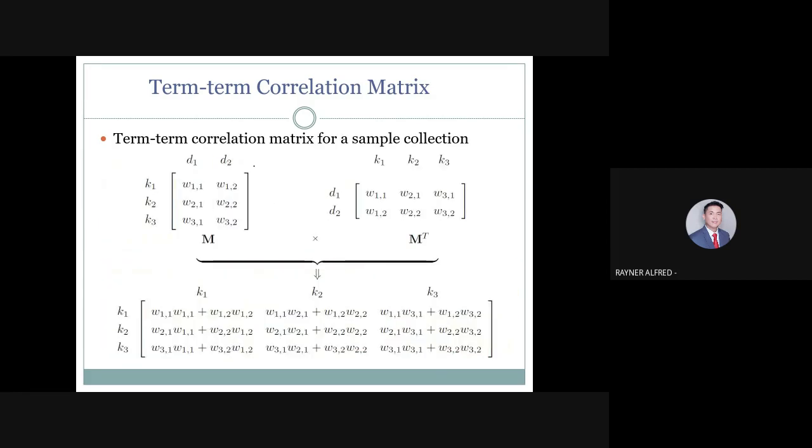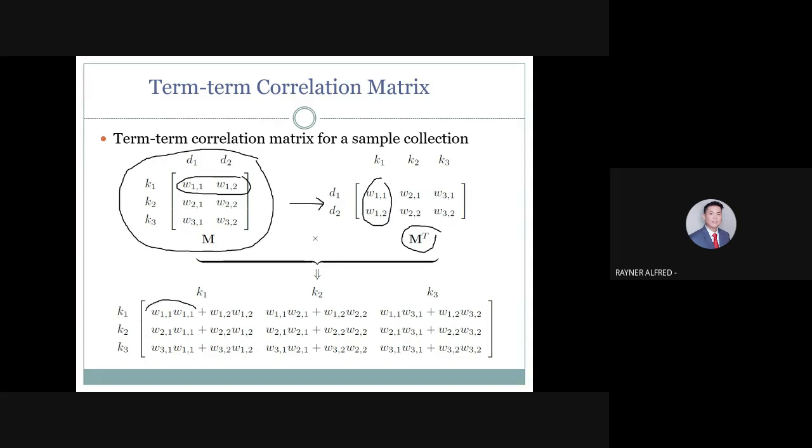So this is your matrix. We take the transpose. The transpose means the rows go to columns, and the columns go to rows. This is the transpose, and then we multiply. So we are going to multiply that one and this one.